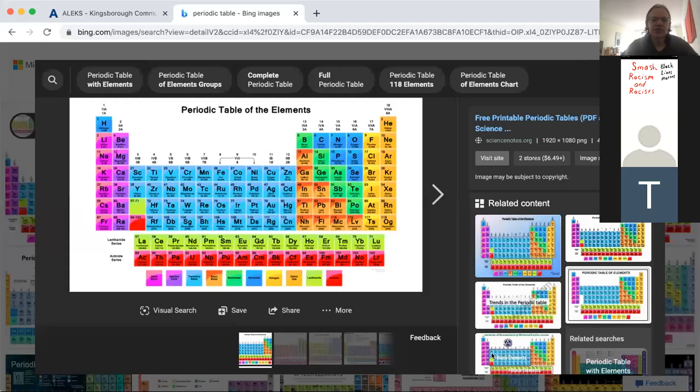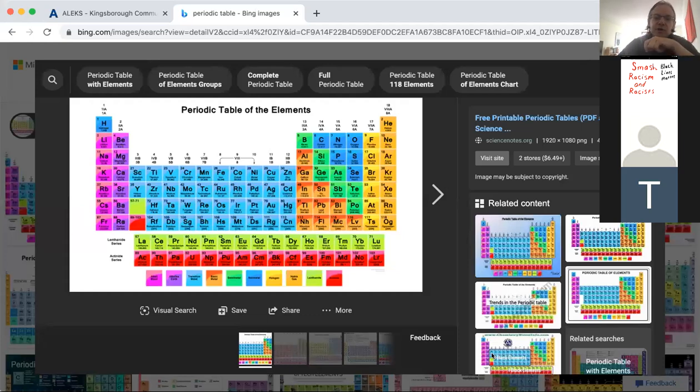Let me bring up a periodic table. There we go. And let's share this so you can see it. You bring up the periodic table and you just look for C for carbon.